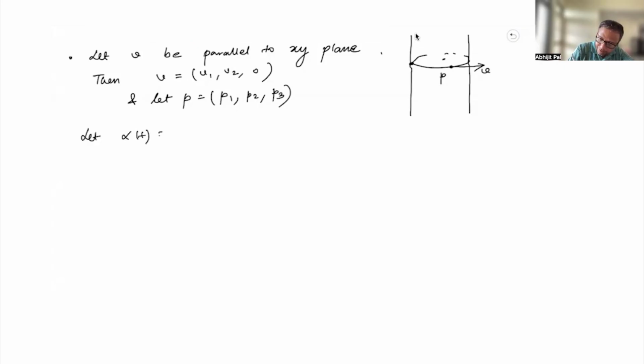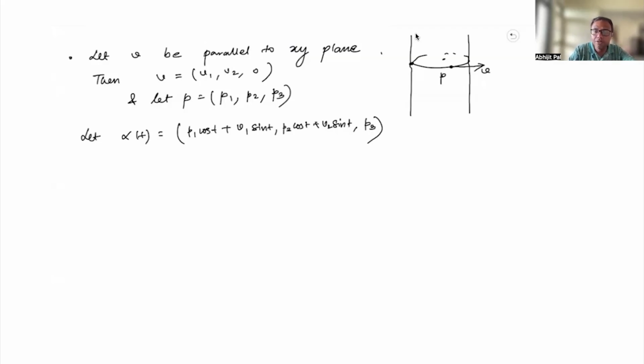So let alpha(t) be equal to (p1 cos t + b1 sin t, p2 cos t + b2 sin t, p3).